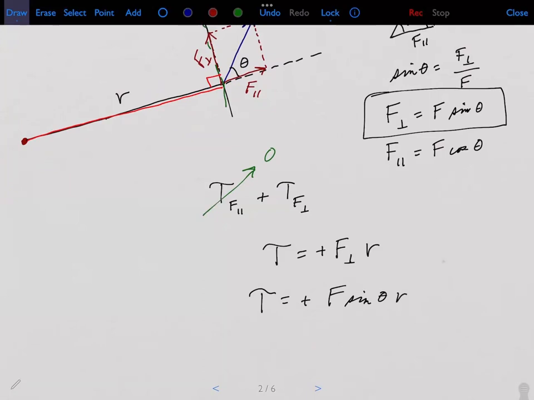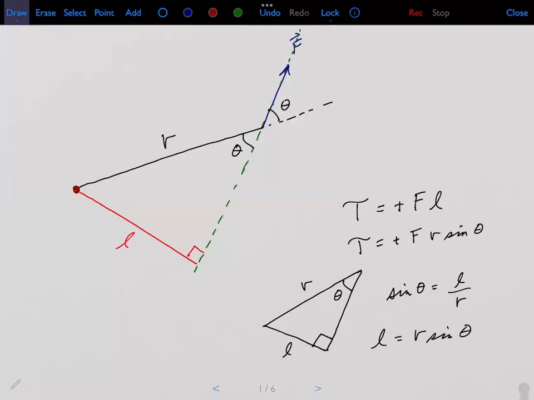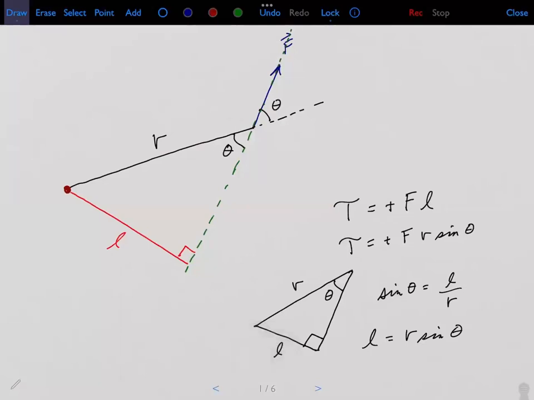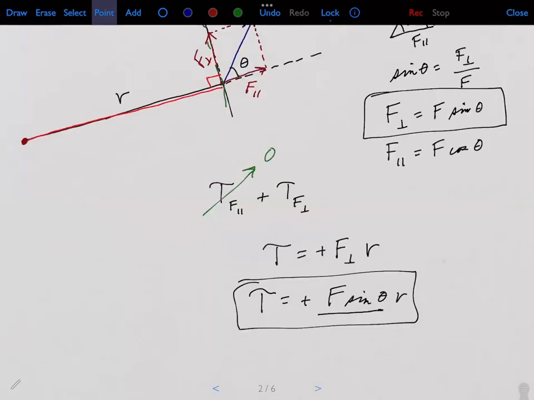And notice that this is exactly the same equation that we got earlier. So this sine of theta, either it's combined with the F to give you F perpendicular times R, or if you look at the first page, the sine theta is combined with the R to give you the L. So you're either using the full force times part of this radial length, just the moment arm, R sine theta, or you're using the full moment arm, R, and times part of the force, which is F sine theta.